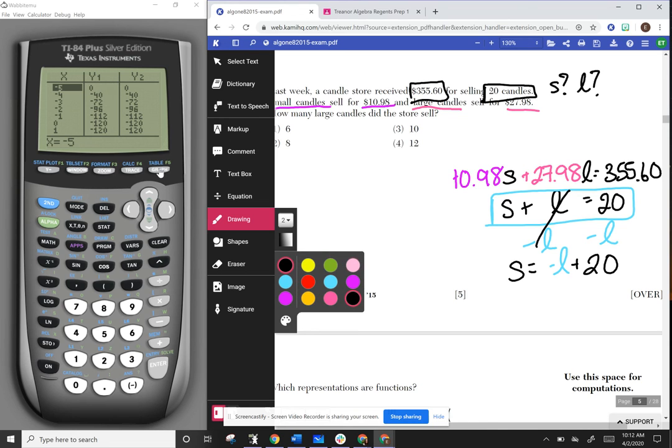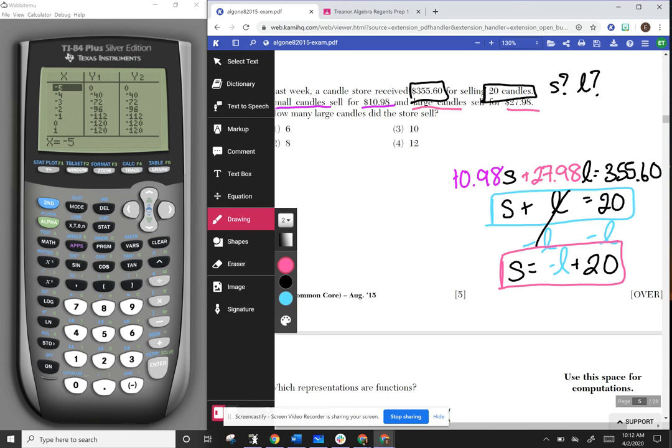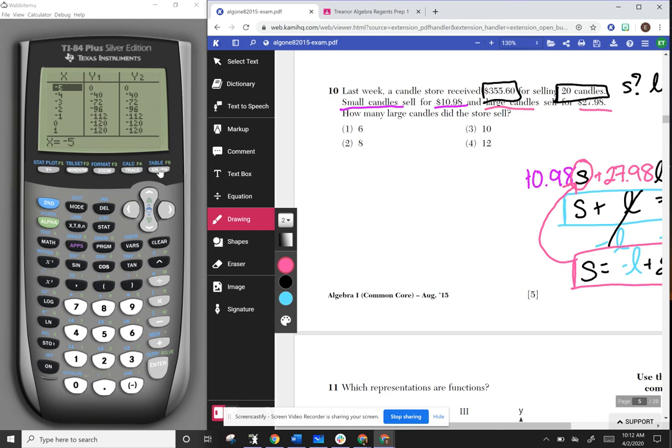And now that I know this, I know what S equals, I can substitute it back into the variable S here. Okay, so let's do this.